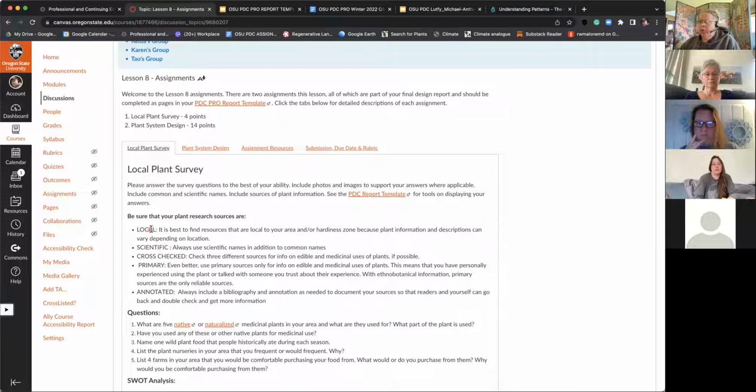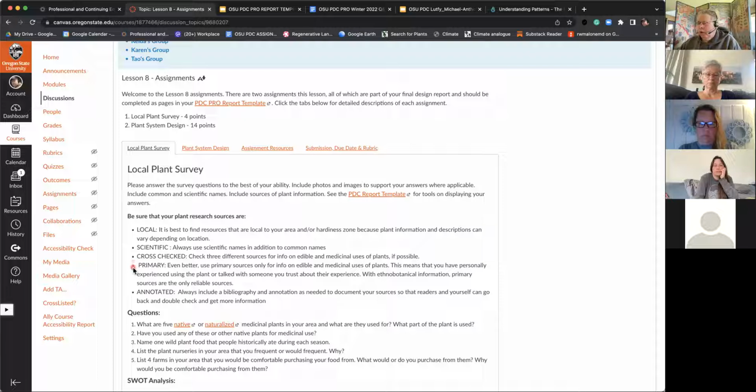So we want it to be local, and we want to use a botanical name, also known as scientific name. We want to have 3 different sources of information. And this is really helpful in that there's not always one good source, so having multiple sources helps to expand your knowledge, but also helps to expand the information that you're putting within the assignment.